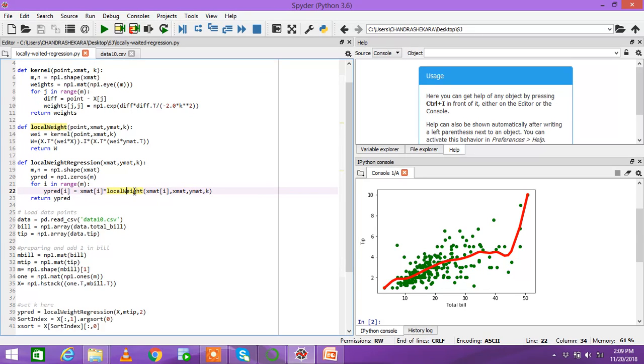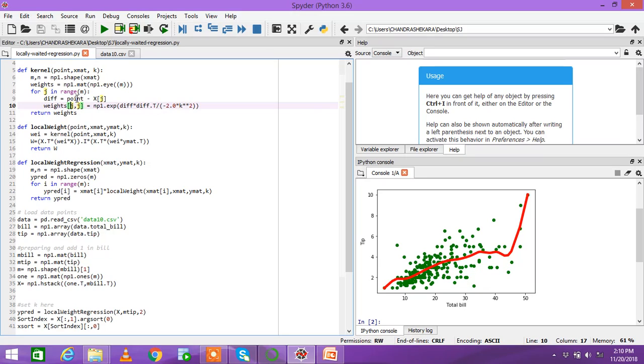In this local weight, when this function is called, the kernel value has to be calculated. So how is the kernel smoothing calculated? For kernel smoothing, we have the formula where k is the kernel value considered here. According to the formula, w is equal to e to the power minus the dot product of x minus x naught divided by 2c square.